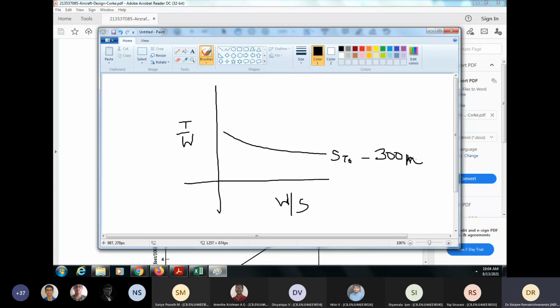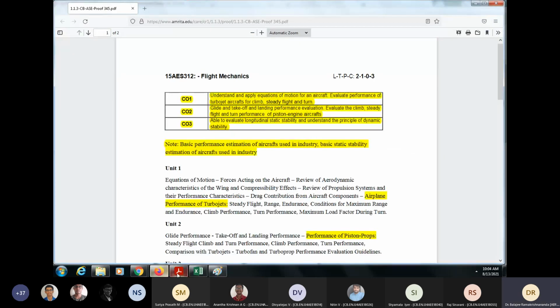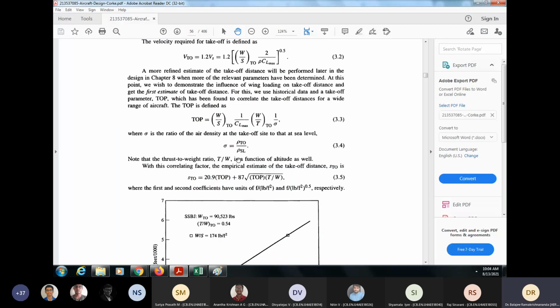But if you use this equation, you can see that there are constants 20.9 and 87, and it specifically tells you what units you should use for wing loading: pound per feet squared. So to use this equation, the wing loading should be in pound per feet squared.